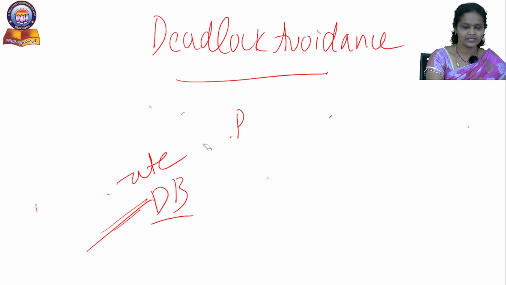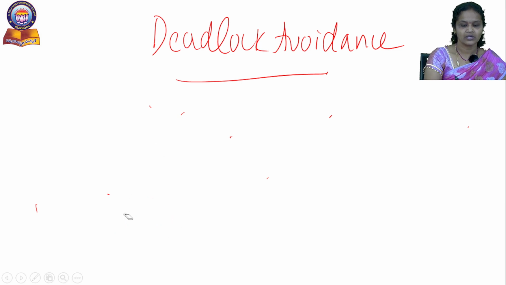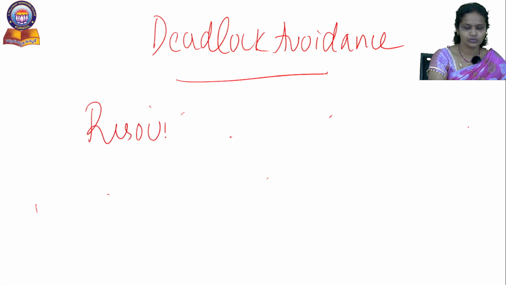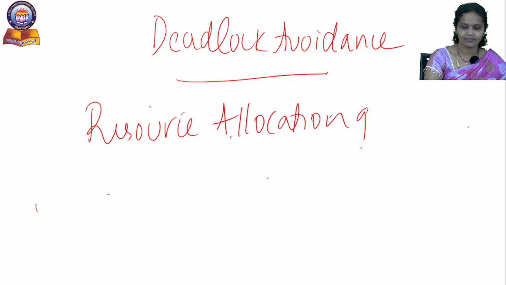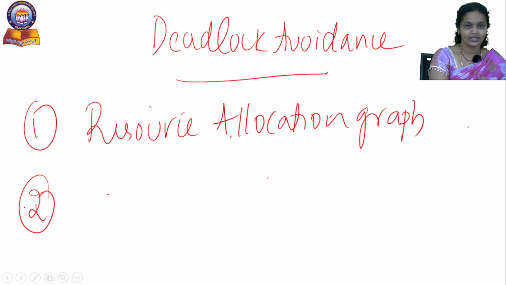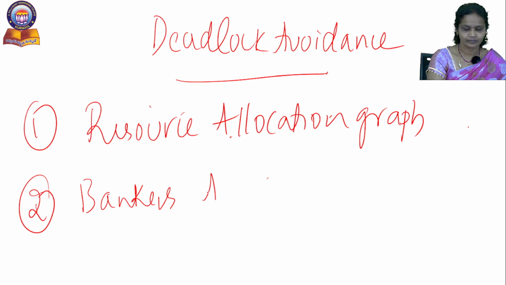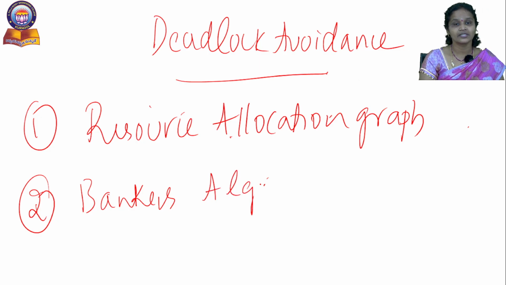There are 2 different algorithms for avoiding a deadlock. What are those 2 algorithms? Resource allocation graph is the first technique to avoid a deadlock, and the second deadlock avoidance technique is Banker's algorithm. Let us see when the resource allocation graph is used and when the Banker's algorithm is used.